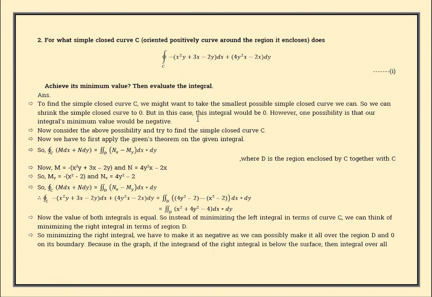So we can first think of taking C as empty, but in this case, our integral value will become zero. But there is one possibility that the integral's minimum value would be negative. So taking this possibility, we try to find the simplest closed curve C.